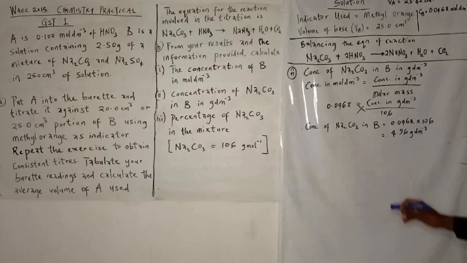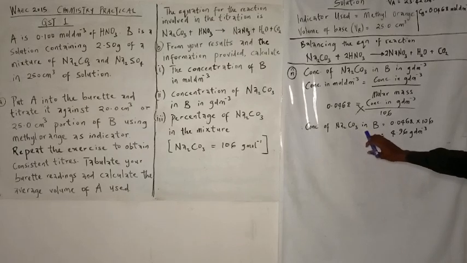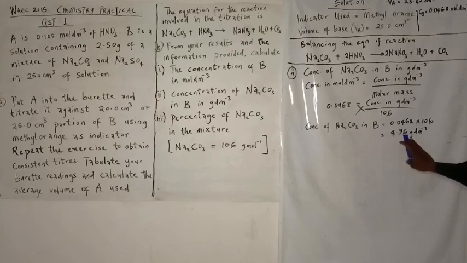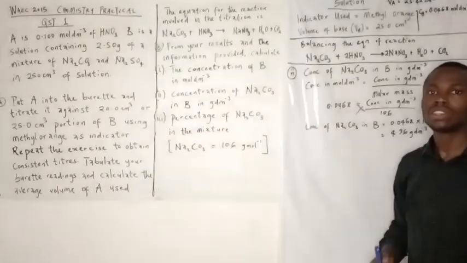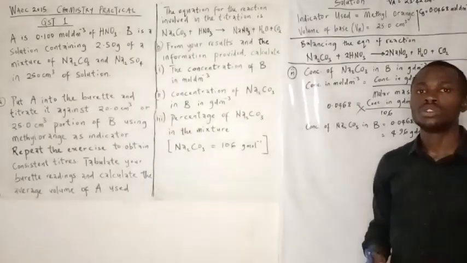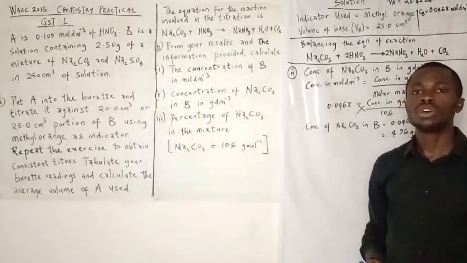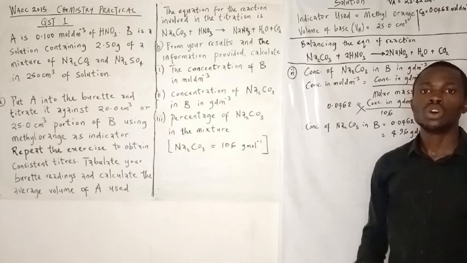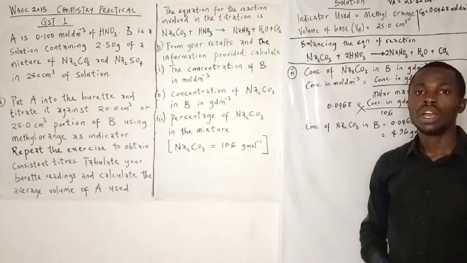So we have gotten the mass concentration, in grams per dm cube, and it is 4.96 grams per dm cube. The difference between molar concentration and mass concentration tells you how many grams of that substance is dissolved in 1000 cm cube.